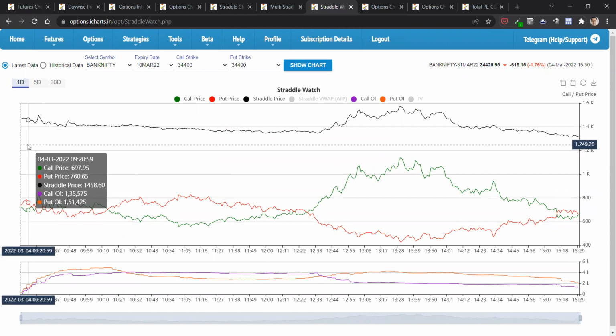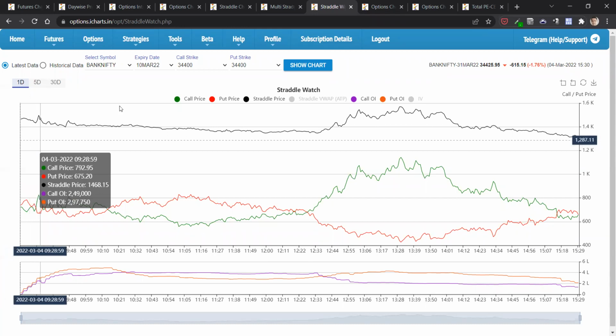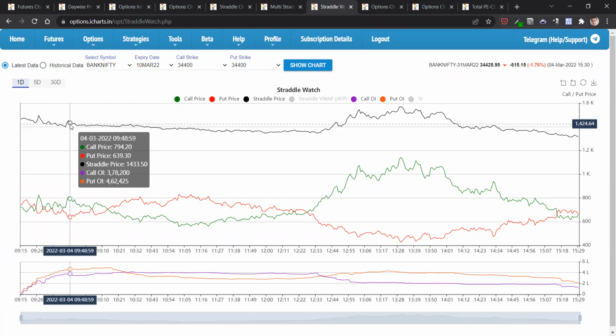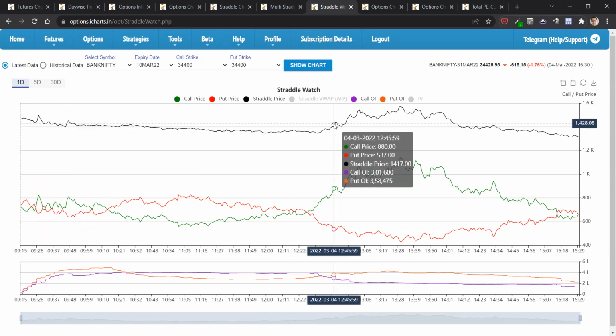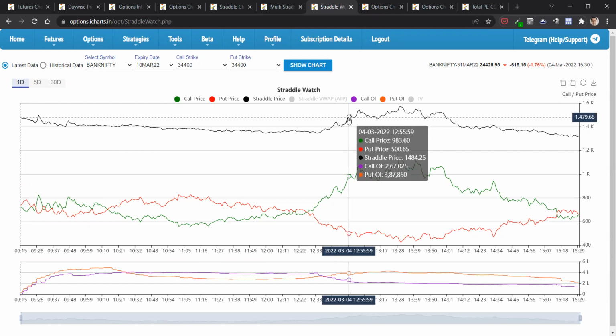Now 5% above this, once it increases by 75 points, then you exit. So the straddle 75 points, I think it got hit only somewhere over here. So that is one way.